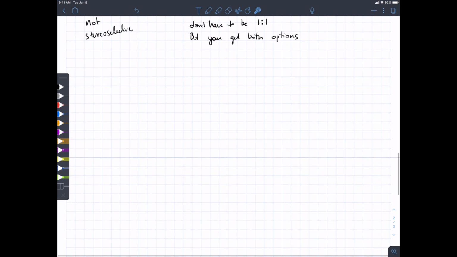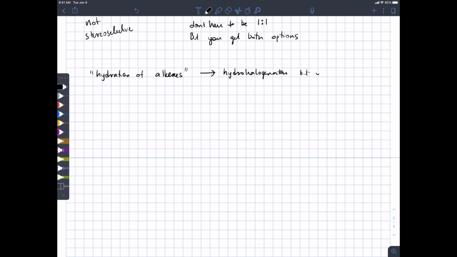So the text gives you a new reaction called hydration of alkenes, but this is not a surprise. It is basically hydrohalogenation, what we just did, but using H3O+ instead of HBr.